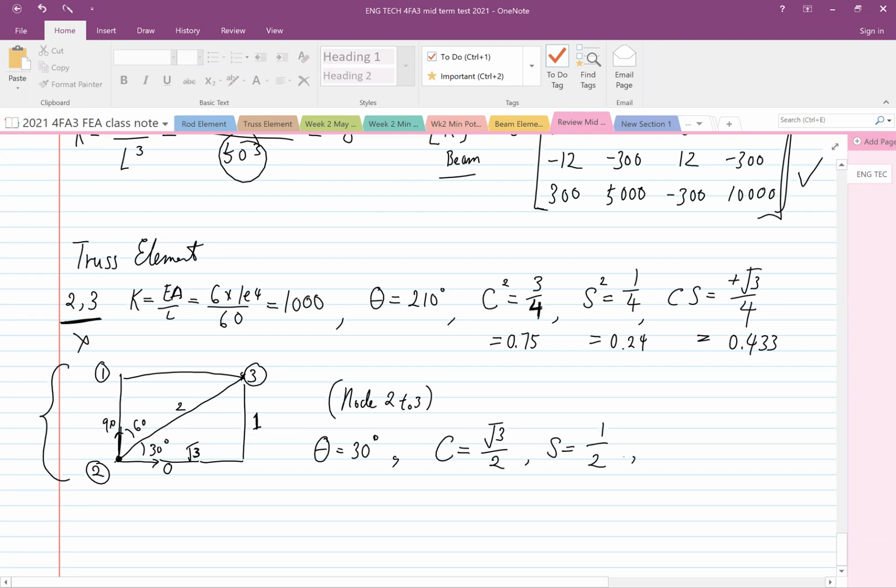So in this case, cos square will be 3 over 4. S square will be 1 over 4. CS will be 3 over 4. That's going from traveling from nodes 2 to 3.